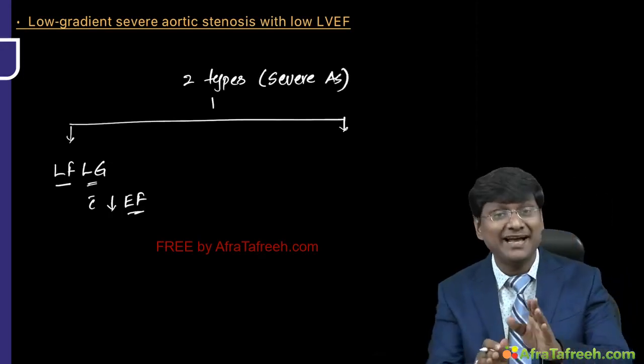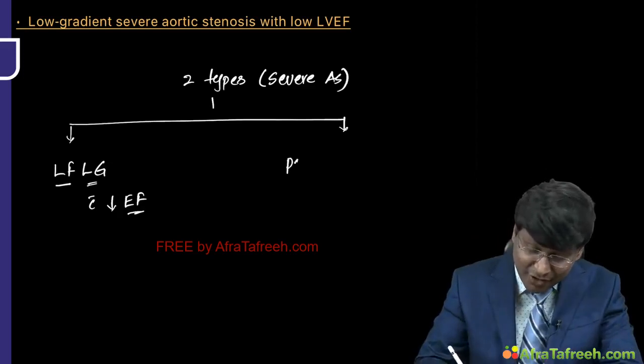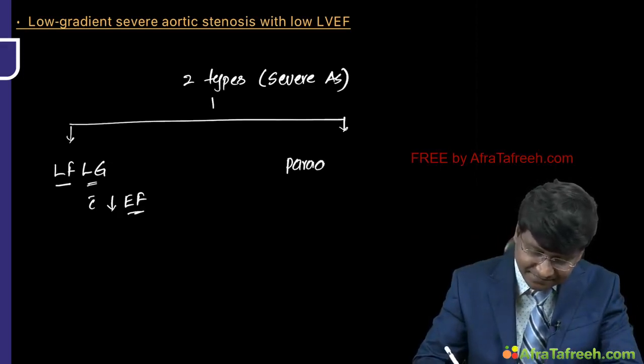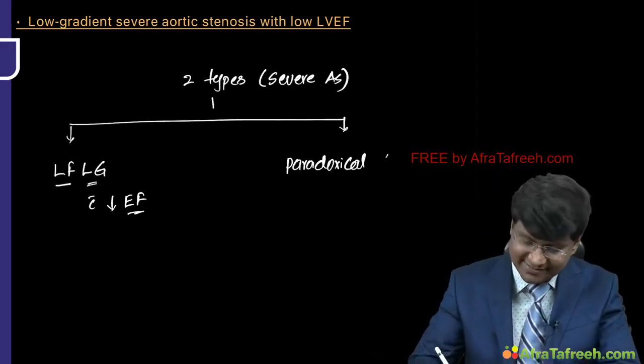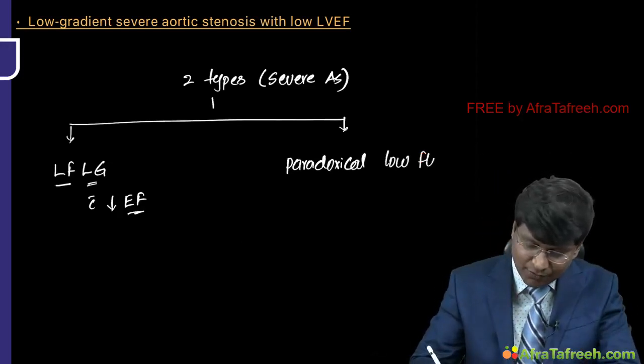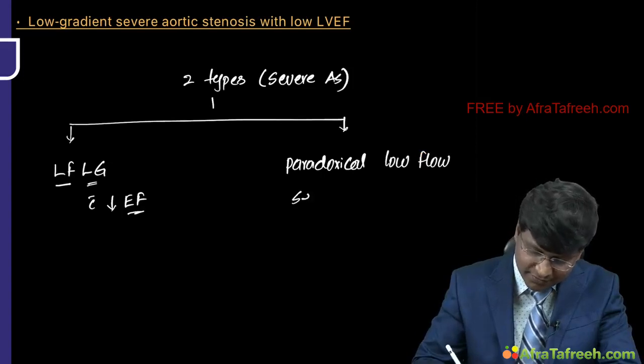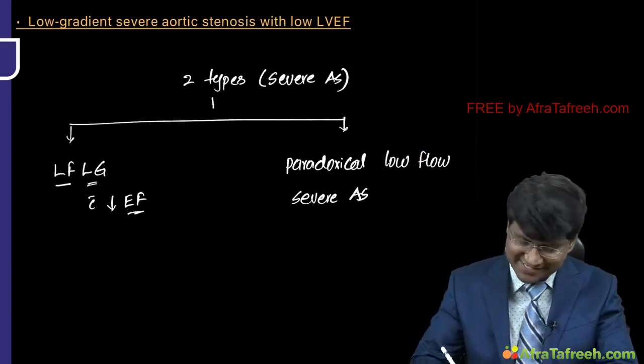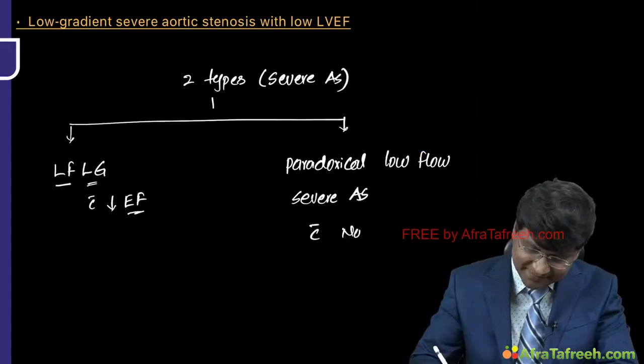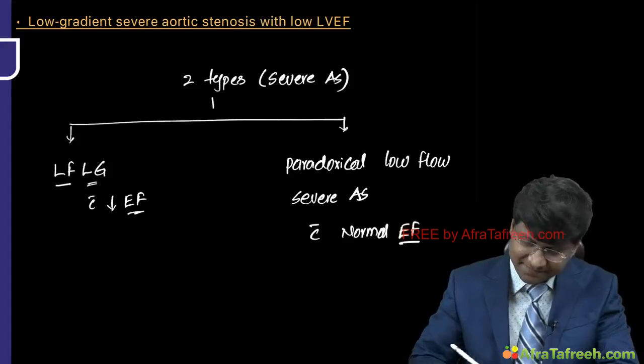And the other one we have is paradoxical low flow, low gradient severe aortic stenosis with normal ejection fraction, right?